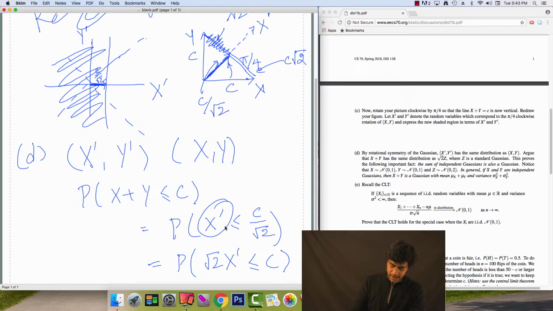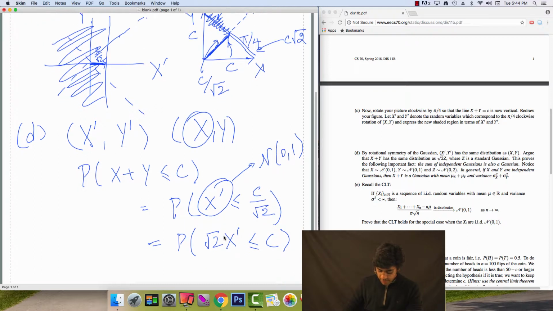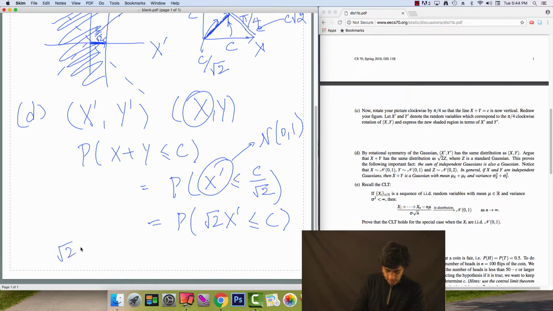However, we had said that x prime has the same distribution as x. In particular, this is a normal on 0 and 1, which tells us that root 2 x prime is then normal on 0 and 2.